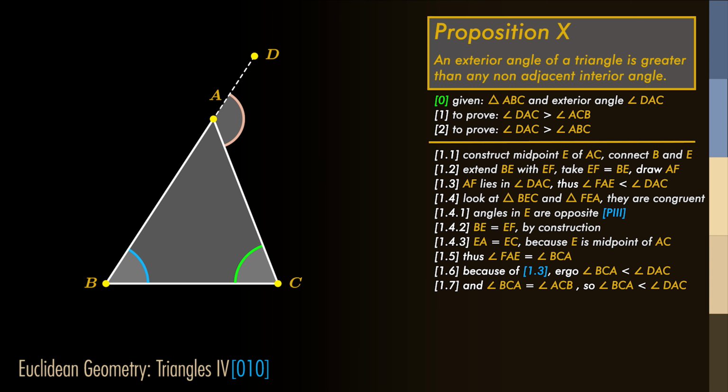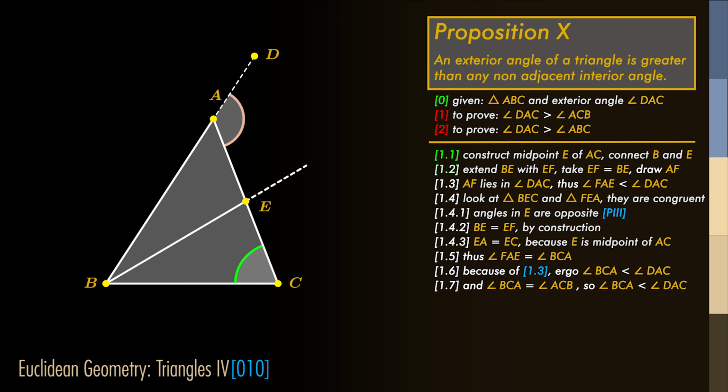We need to prove that in the triangle ABC, the exterior angle DAC is greater than the angle ACB and the angle ABC. So first we try to prove that DAC is greater than ACB. We connect B with the midpoint E of AC.